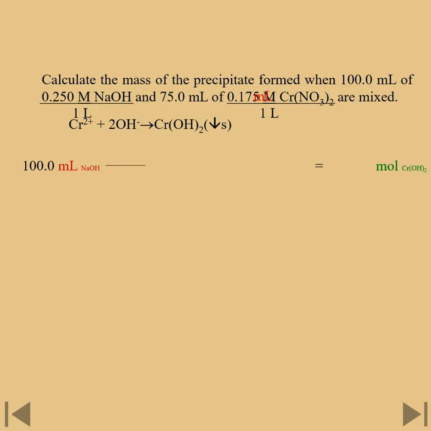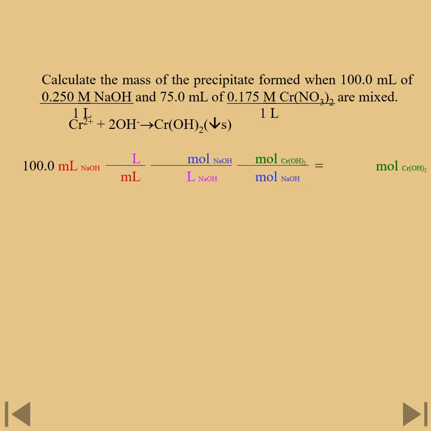Okay, so taking that 100 milliliters of sodium hydroxide, we first go to liters. And then from liters, using the given concentration term, we go to moles of the sodium hydroxide. And now from moles of sodium hydroxide, we can go to our desired moles of chromium 2 hydroxide.